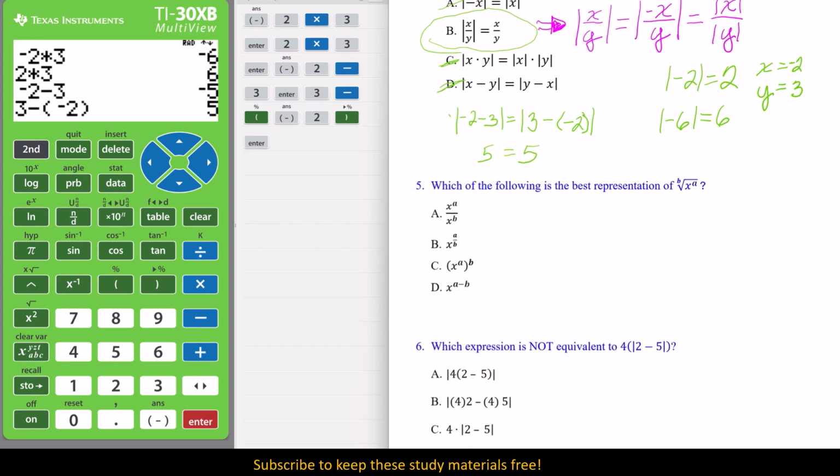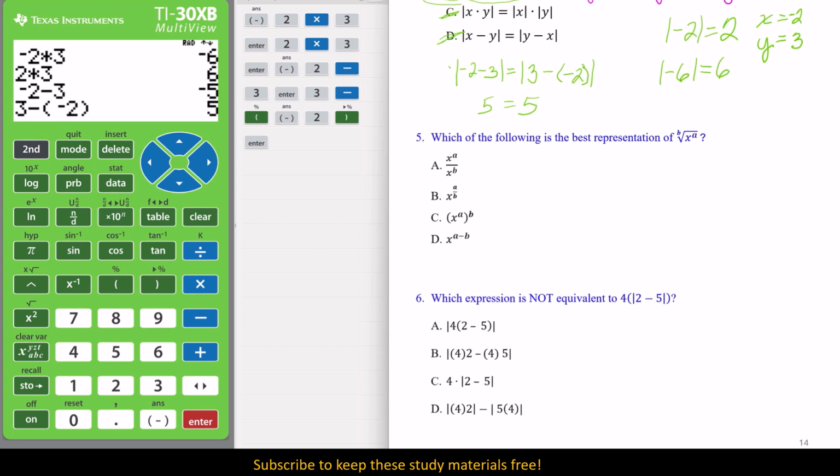All right, now let's look at 5. Which of the following is best represented by the b root of x with a as the exponent under the radical? It's a b root, not a square root. So if you remember the rules, the a and the b become a fraction on their own, and we only have one of those.